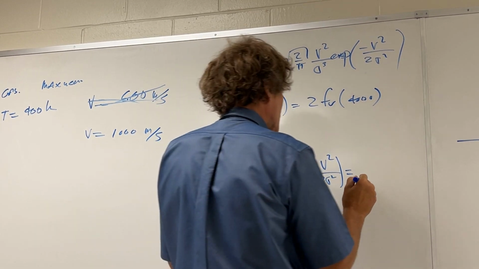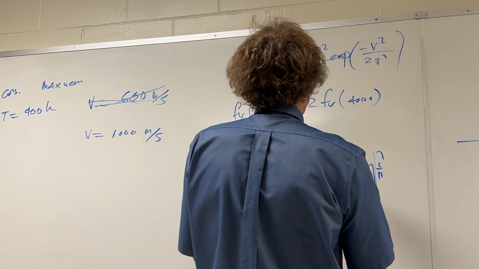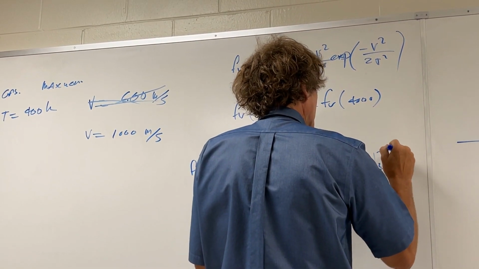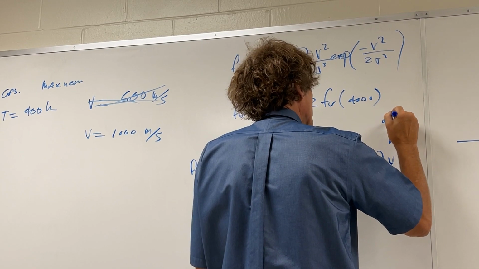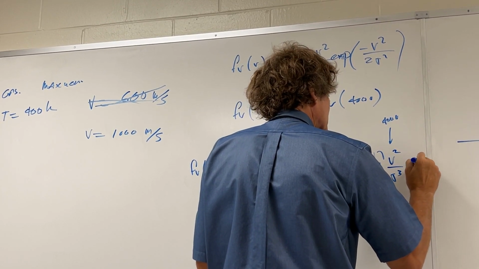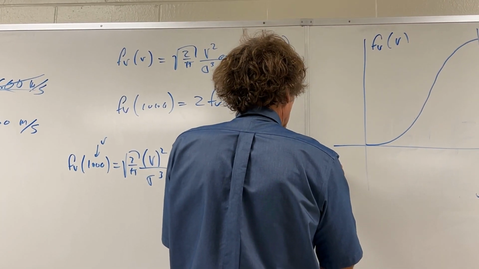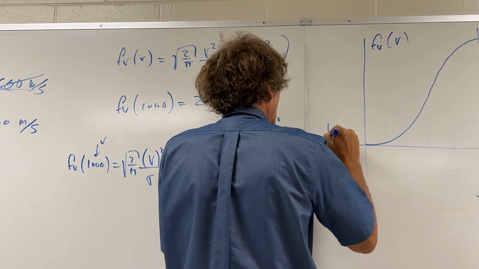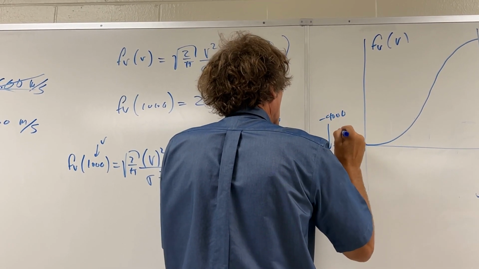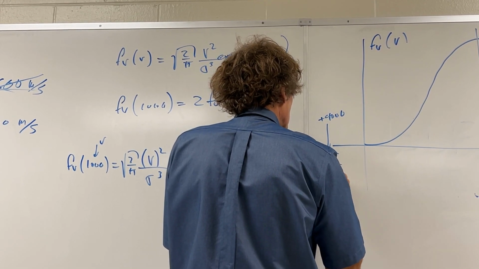That is equal to twice times square root of 2 over pi. Then V here will be 4,000 over sigma cubed exp to the minus, and V here is 4,000 squared, over 2 sigma squared.